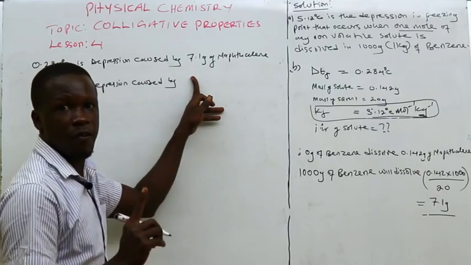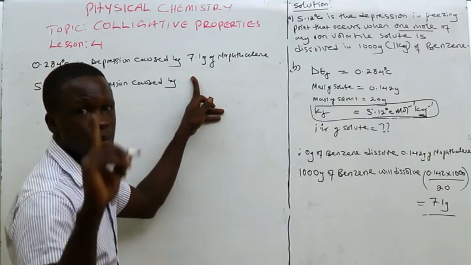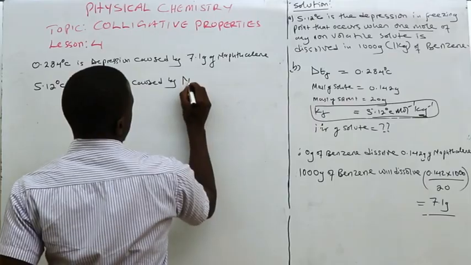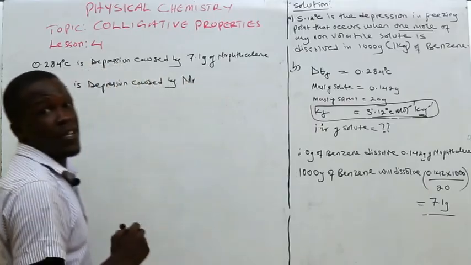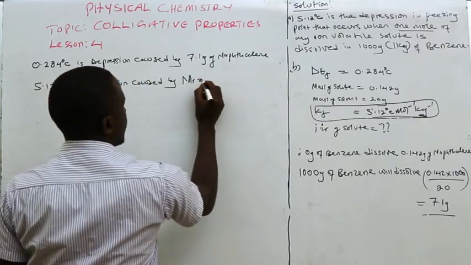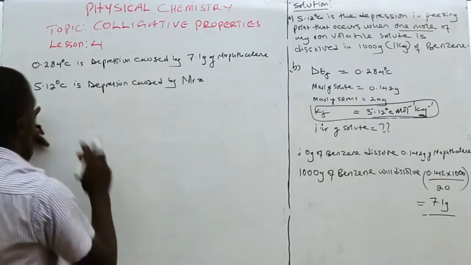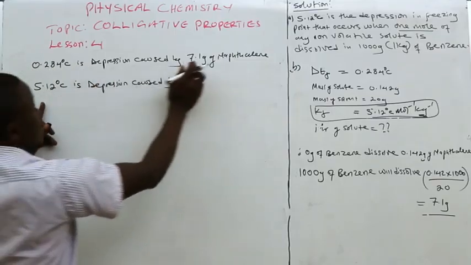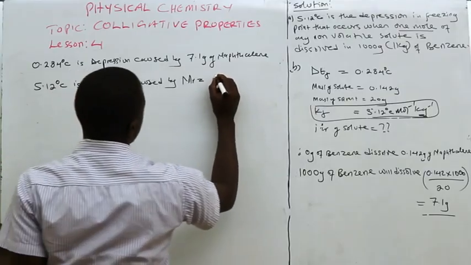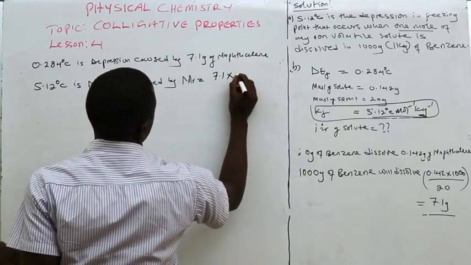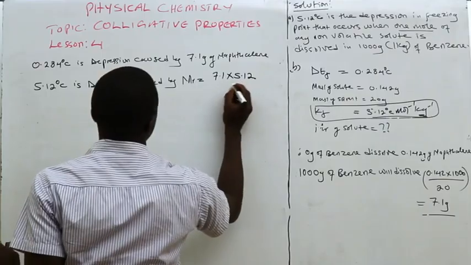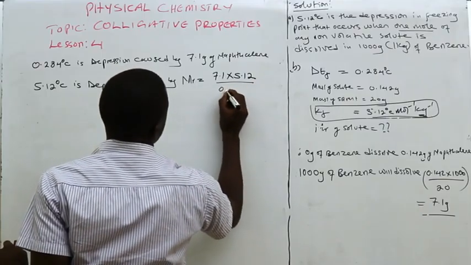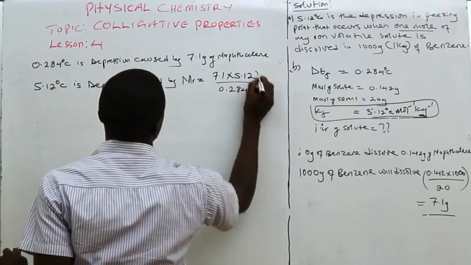And 1 mole of naphthalene weighs a mass equal to the molecular mass. It's the depression caused by the molecular mass. So how shall we get that molecular mass? Of course, by cross multiplying this and this over this. So you'll get 7.1 times 5.12 over 0.284.